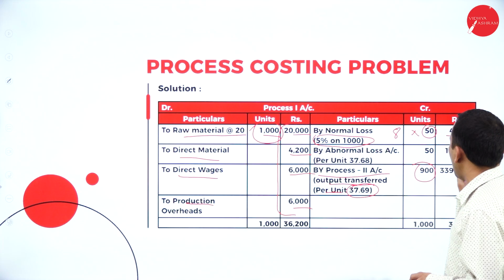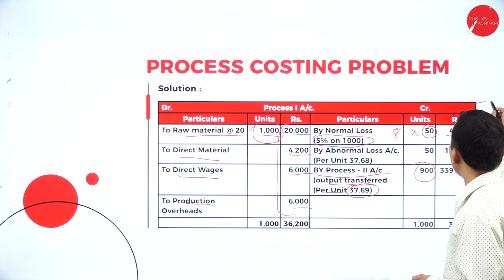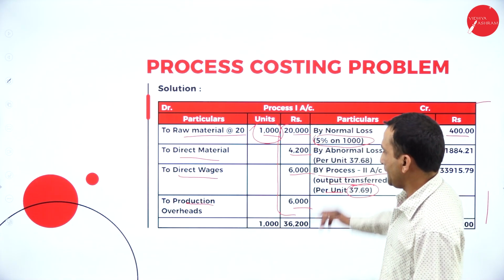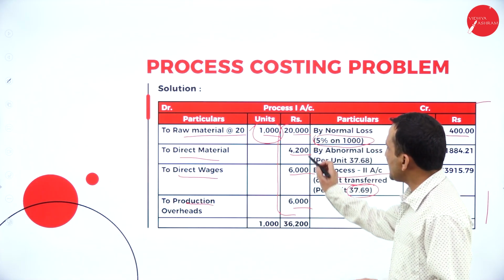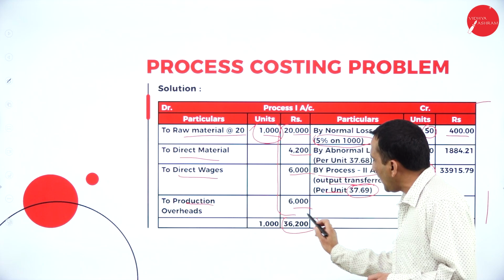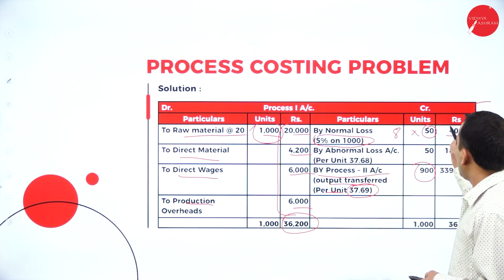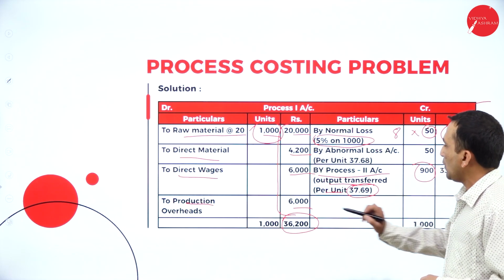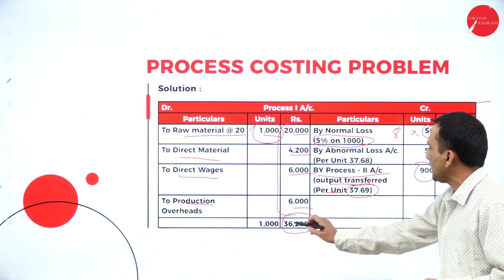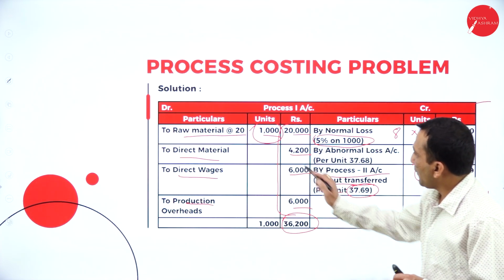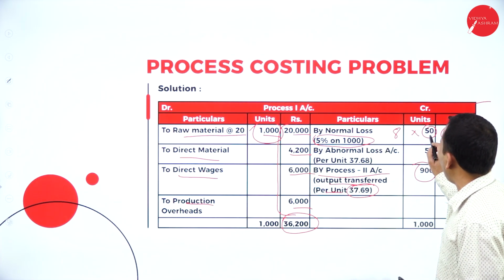Now we need to find out the rate. There are 3 columns: units, rate, amount. We get the credit side value of 36,200, from which we recovered 400. So we subtract 36,200 minus 400, divided by 1000 minus 50.